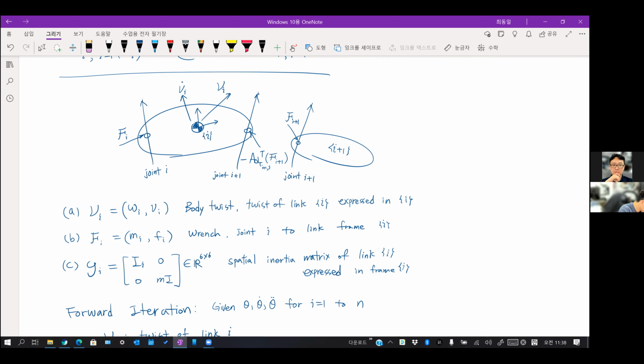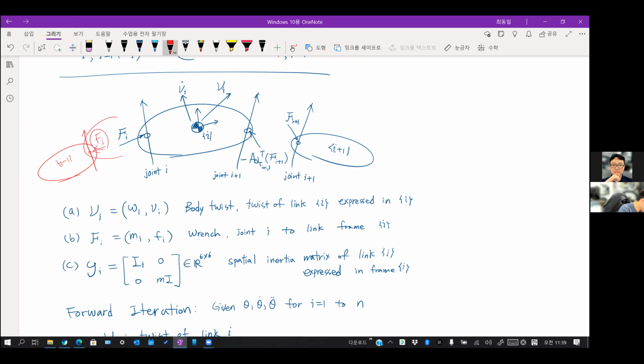So you might imagine there is an i minus 1 link, and here also there is the wrench F_i. This is action and reaction.